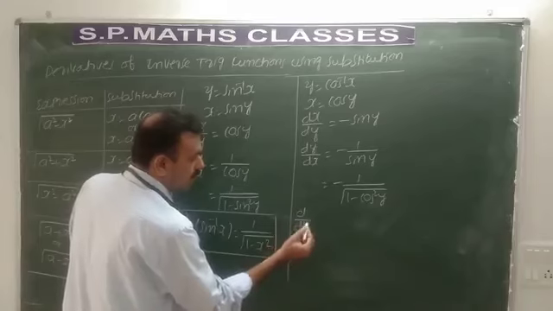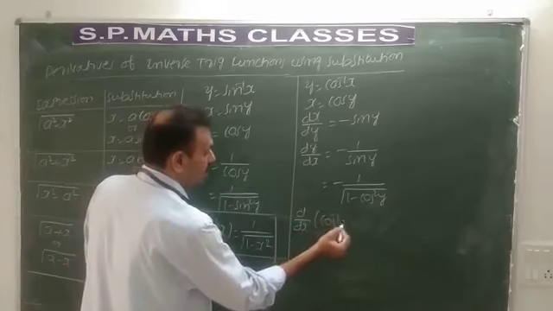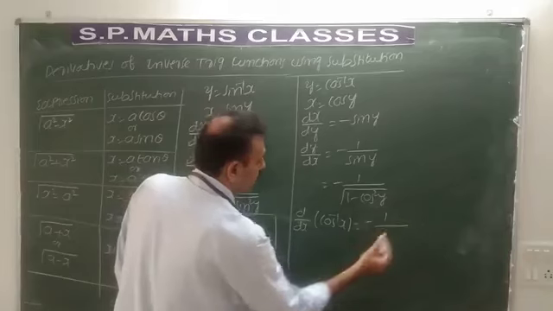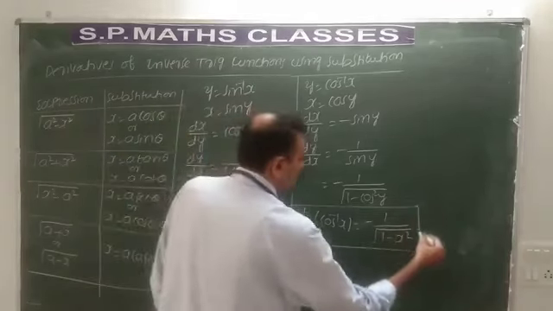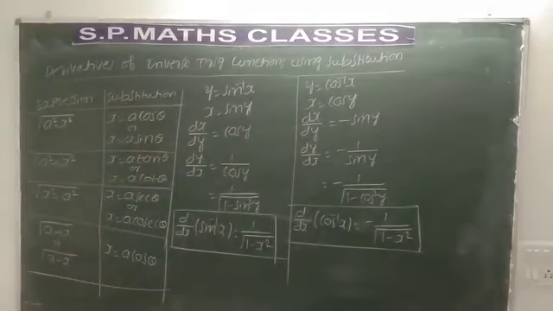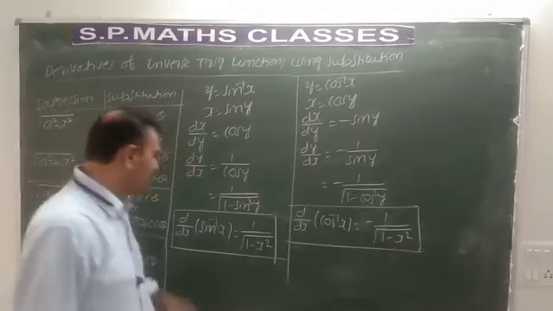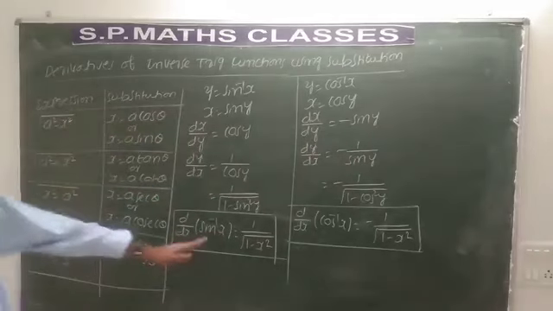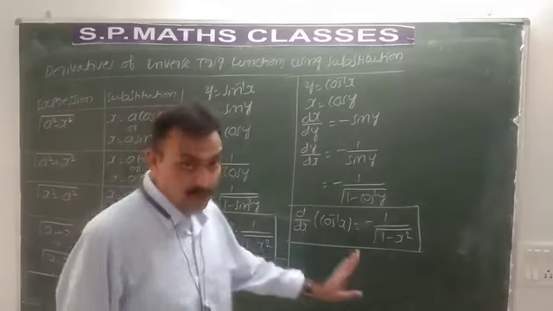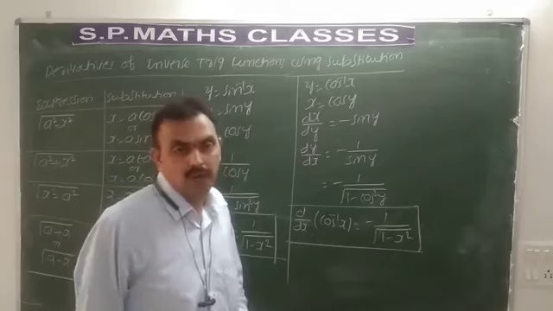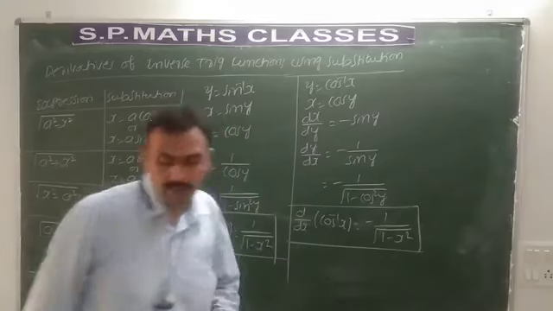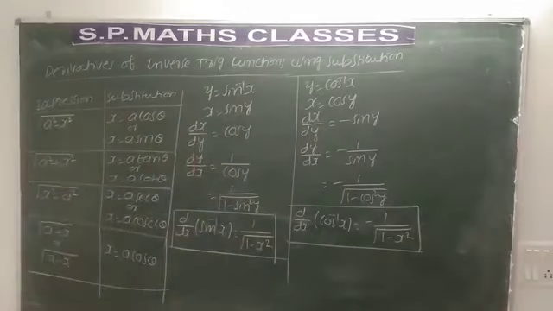So you get d by dx of y, where y is cos inverse x, is equal to minus 1 divided by root of 1 minus x squared, because cos y is x. So we have derived two important derivatives. The derivative of sin inverse x is 1 by root of 1 minus x squared. The formula is important. The derivative of cos inverse x is minus 1 by root of 1 minus x squared. You need to remember these two formulae. Hope you have understood these two.